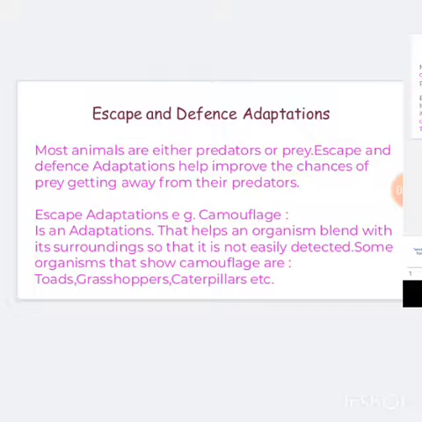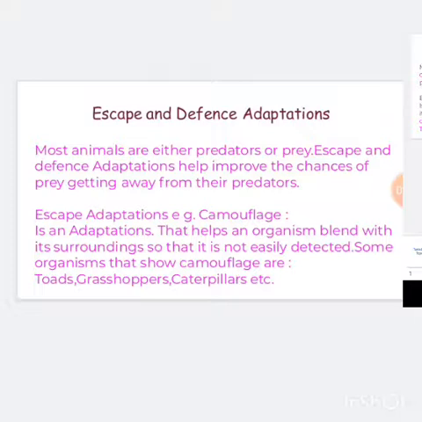Okay, so it is an adaptation that helps an organism blend with its environment so that it is not easily detected. Okay, you must have seen toads. You'd see toads with their brown grayish color, and they usually stay in environments that have the same blend of color with their bodies, so they are not easily seen by predators.